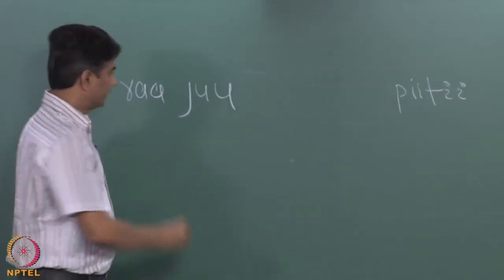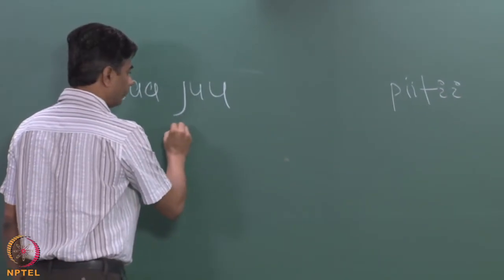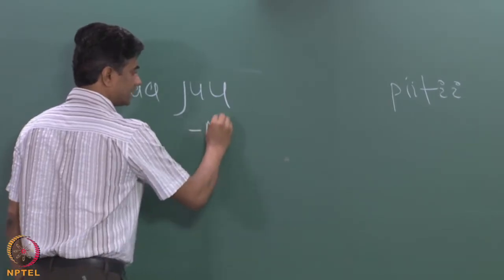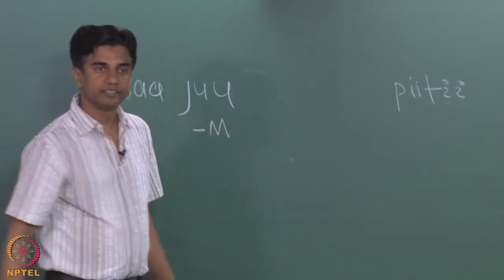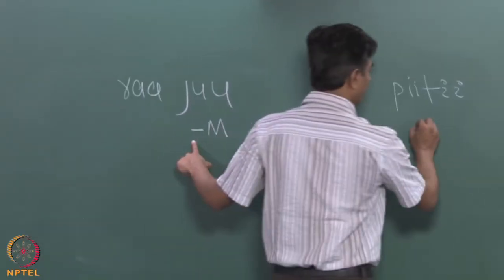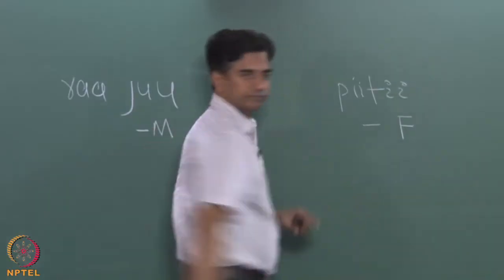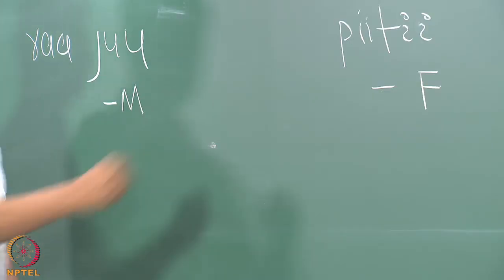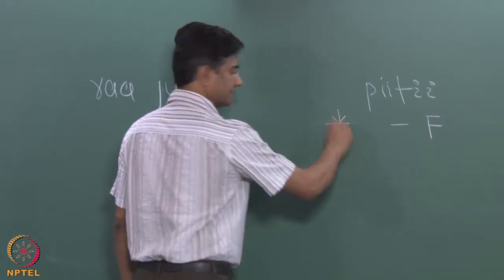Okay? So, here we know that this is masculine, and this comes also from native intuition, and here we know that this is feminine. Therefore, this is ruled out.